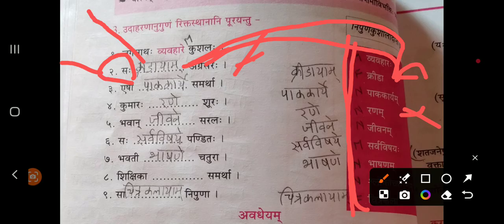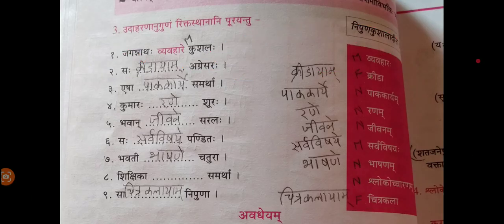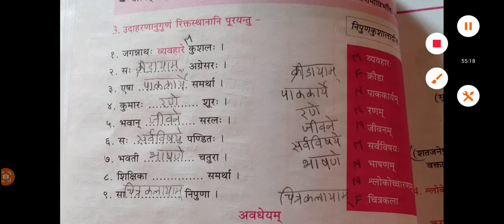Then we need to use its respective Shashti Vibhakti or Saptami Vibhakti forms. Now in this lesson we are writing in or on. That's why we are using Saptami Vibhakti forms. So Krida will become Kridayam. So he is always the topper in sports. That's the meaning.